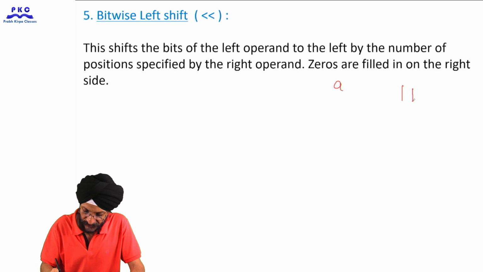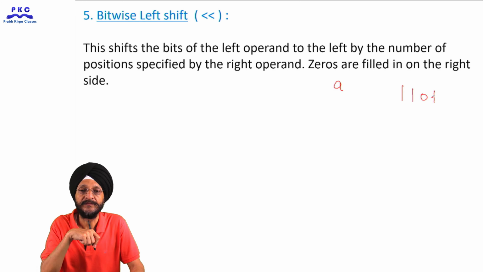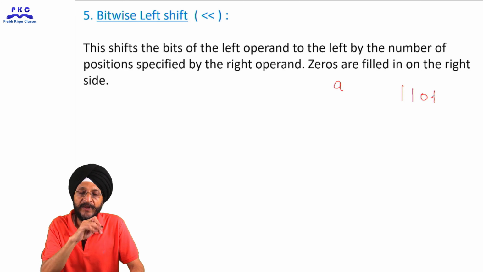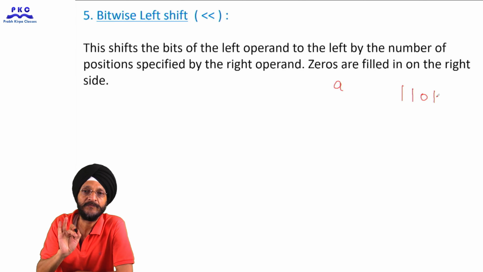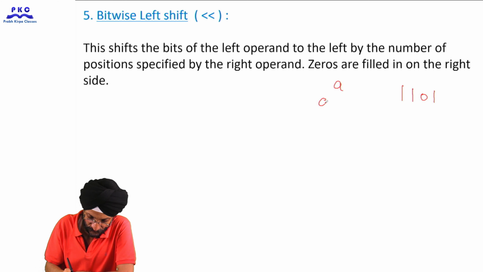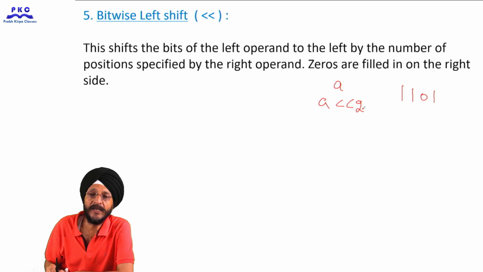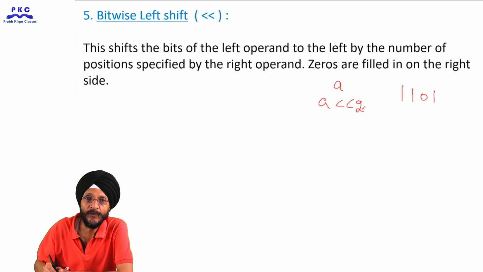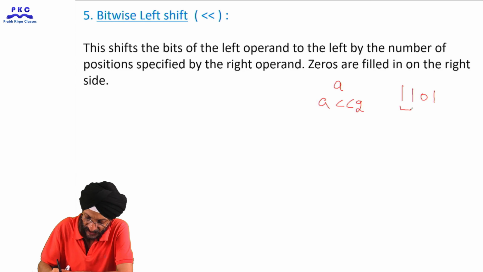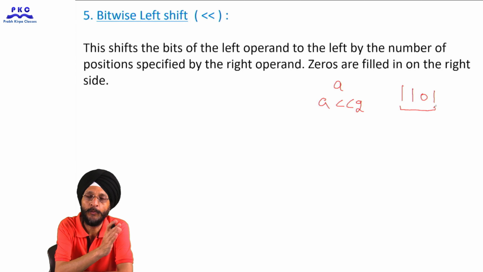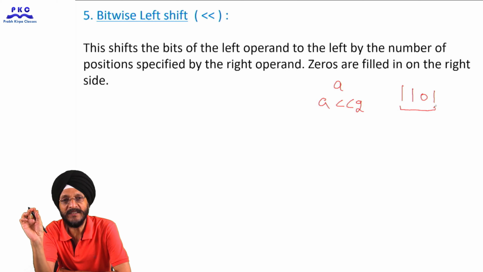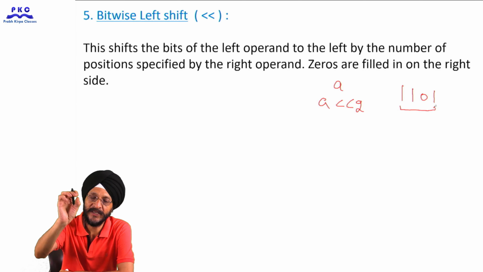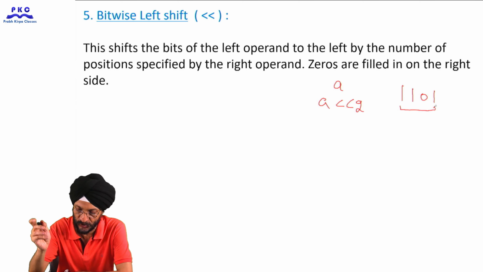Suppose its binary number is this. When we convert decimal into binary, the value comes out like this. Suppose we have been given a bitwise left shift 2. It means that we are to left shift all these bits by 2 places. And there will be two blanks left on the right hand side. There we will add zeros.